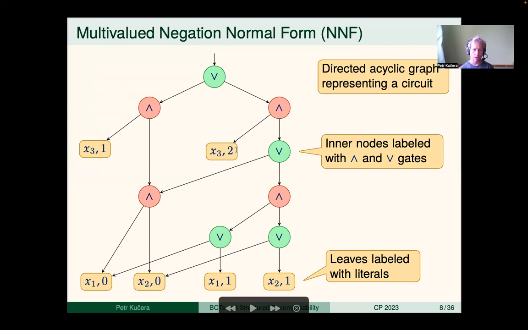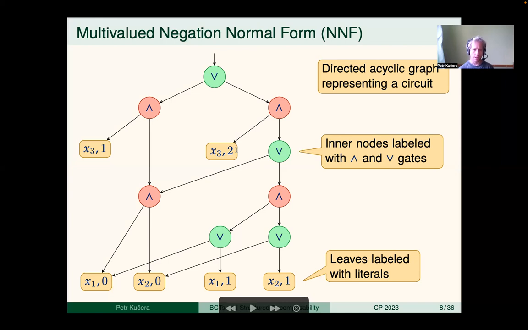The leaves correspond to the inputs to the circuit, and the inner nodes represent gates, which are either conjunctions or disjunctions, and the leaves of this multivariate negation normal form are associated with literals.